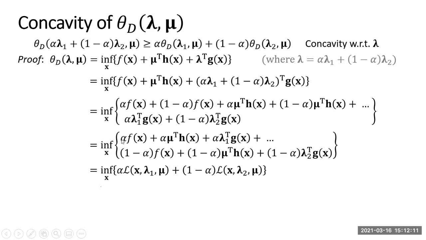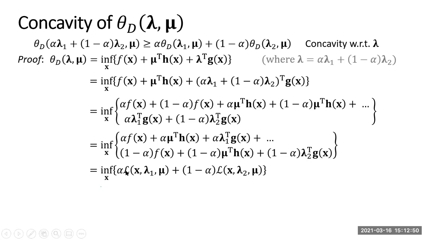If I take alpha common, f of x plus mu transpose h of x plus lambda 1 transpose g of x is simply L of x, lambda 1, mu, correct? Yes. And likewise, if I take 1 minus alpha common from the last three terms, I'm left with 1 minus alpha and this Lagrangian, L of x, lambda 2, mu. Okay, and so this is theta d of lambda, mu.